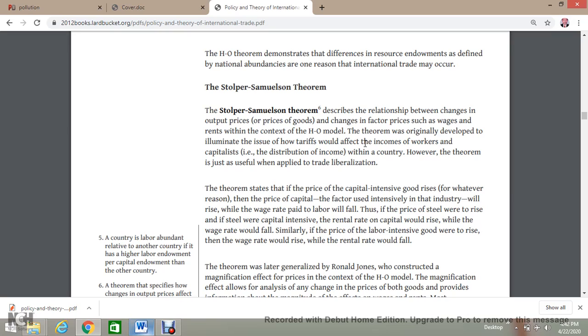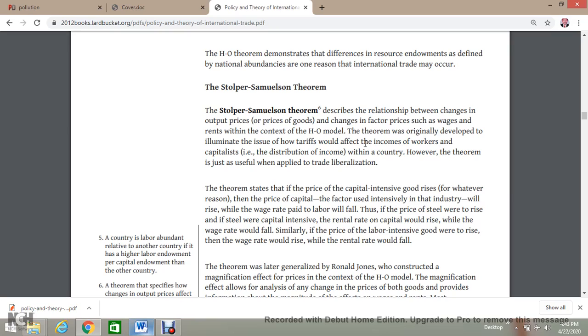Now if the prices of this plant and machinery rise, let us not get into the reason why the prices increase. Capital intensive goods are goods produced where more capital is used and less labor is used in producing these commodities.